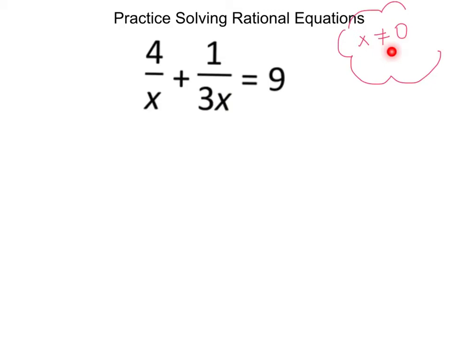Step 2 is to find a common denominator. So let's look at the smallest denominator. Oh yes, we should also say 9 is over 1 because we'll need to get a common denominator there as well. Okay, looking at the smaller denominator, what does that smaller denominator need to be multiplied by?